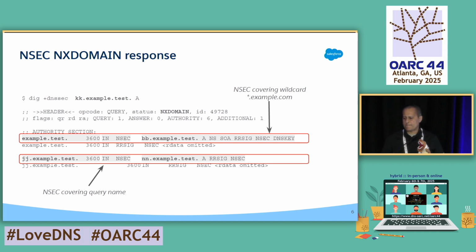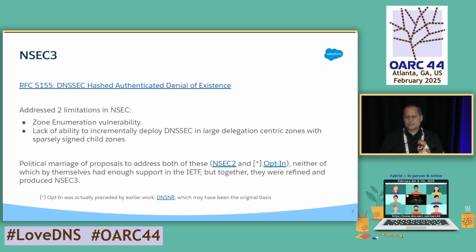All right, so NSEC3 is a modified version of NSEC, which addressed some of the limitations. The first is zone enumeration vulnerability, because if you chain all the names in the zone together, you can, by successive queries, figure out every name in the zone, right?